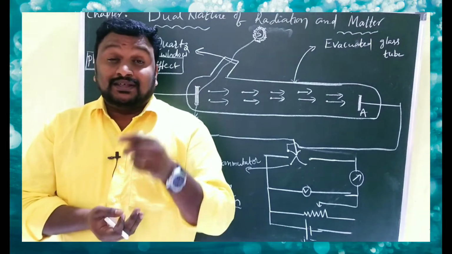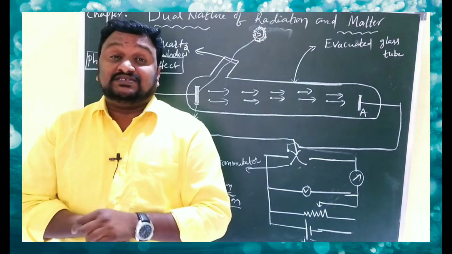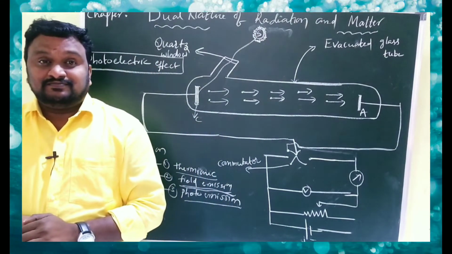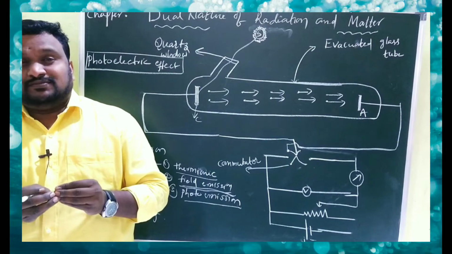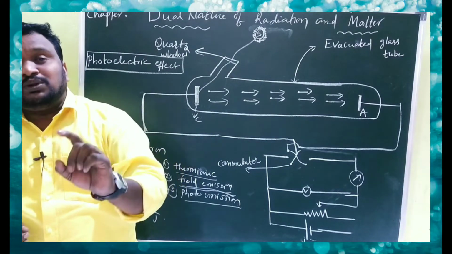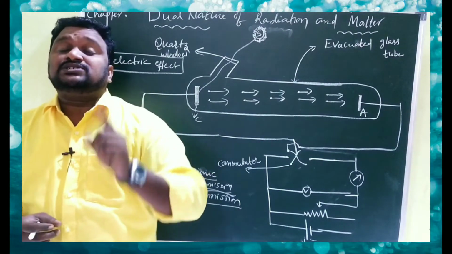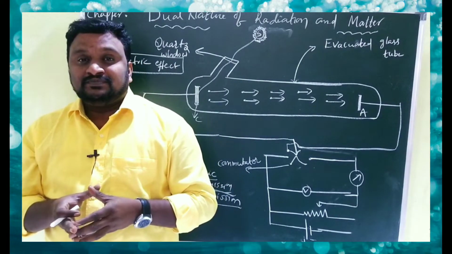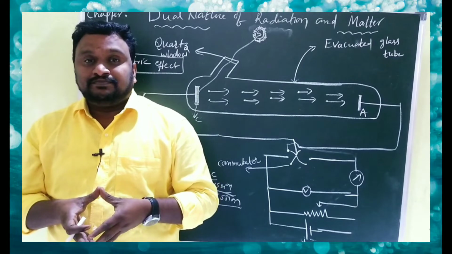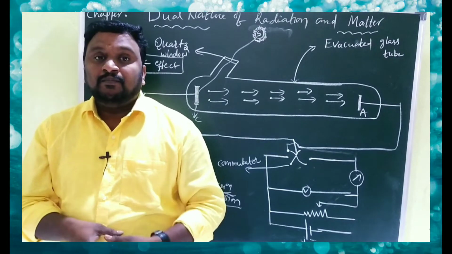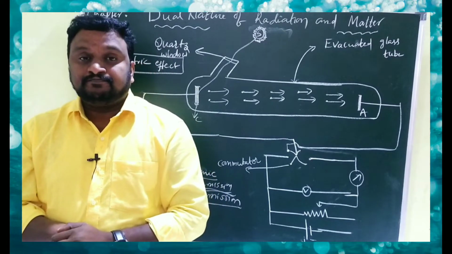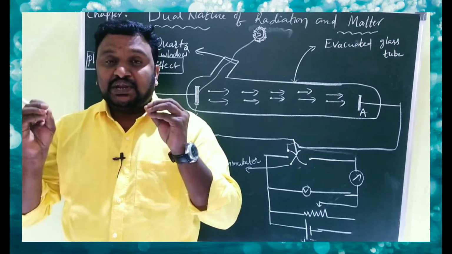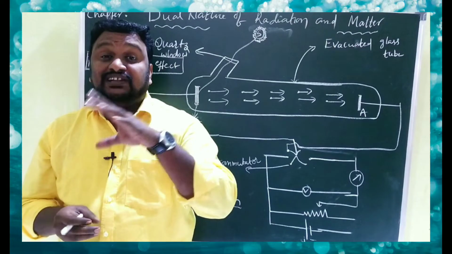Simply, the minimum amount of energy that is required to remove at least one electron from the metal surface is called work function. Clear? What is work function? The minimum energy required to liberate an electron from a metal surface.